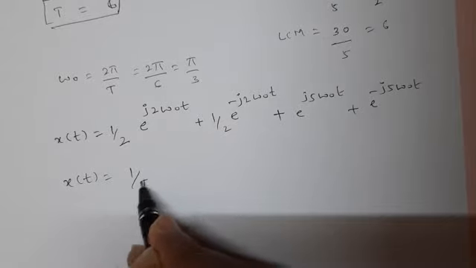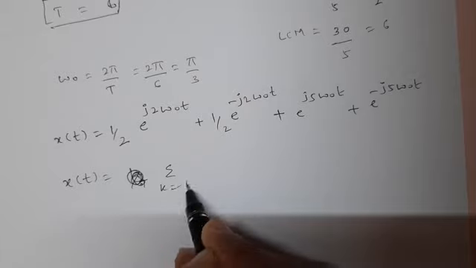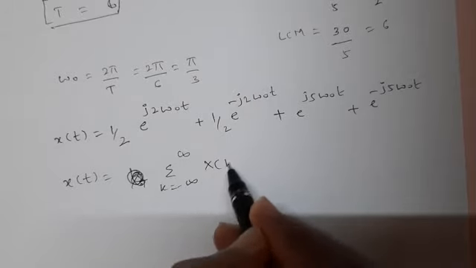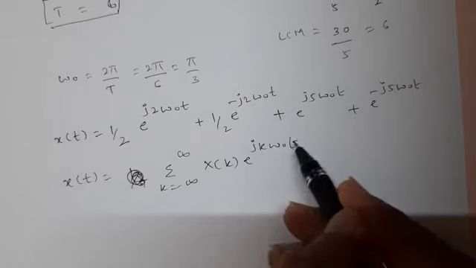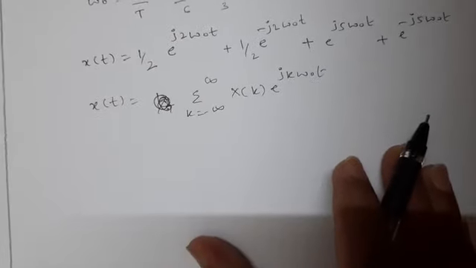Now you know that x of t is the summation from k equal to minus infinity to plus infinity of x of k e to the power jk omega naught t, right?